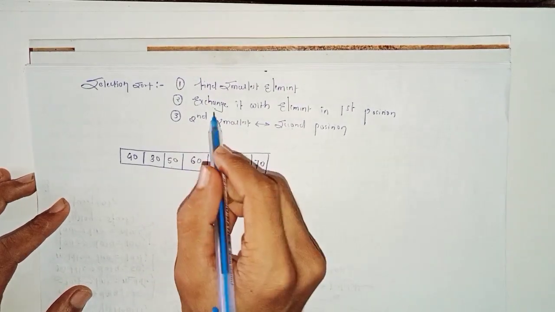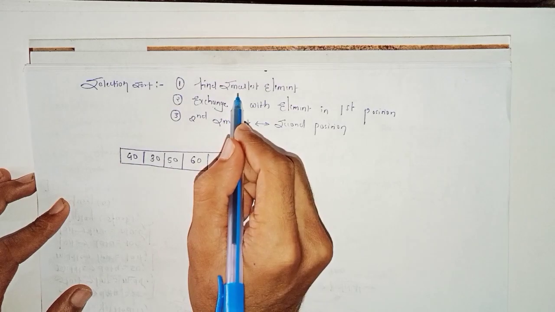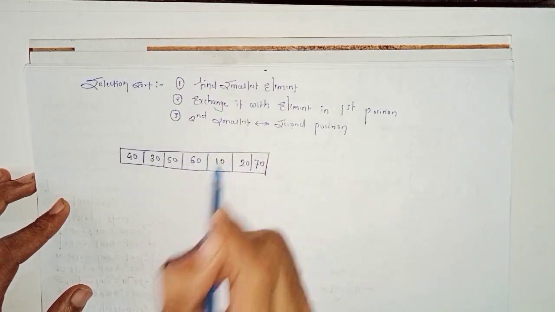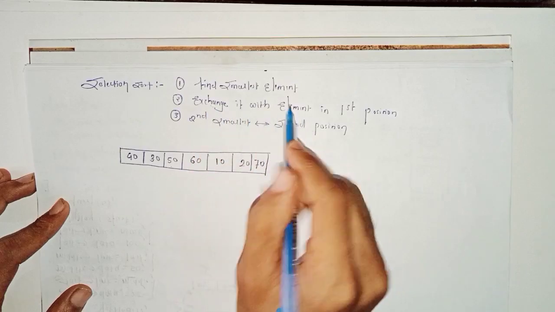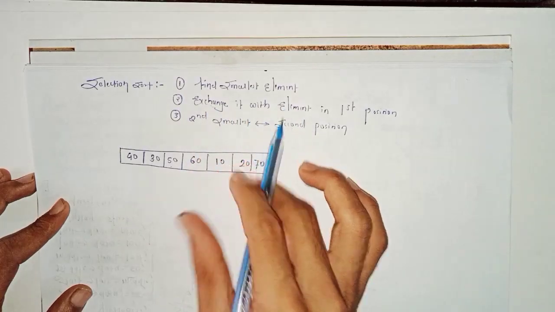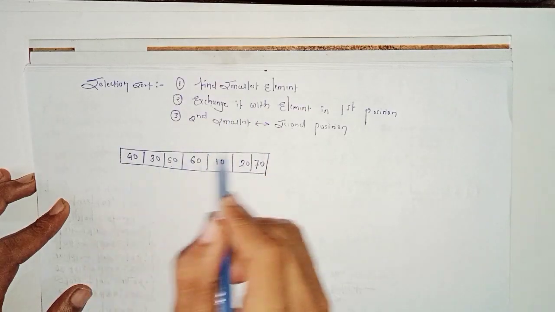Okay, so right here you can see this is the array and the elements are just randomly placed. So what we need to do is find the first smallest element, and after that swap or exchange the smallest element with the first position.